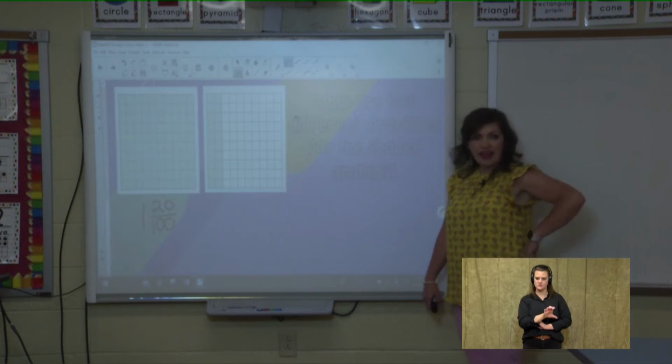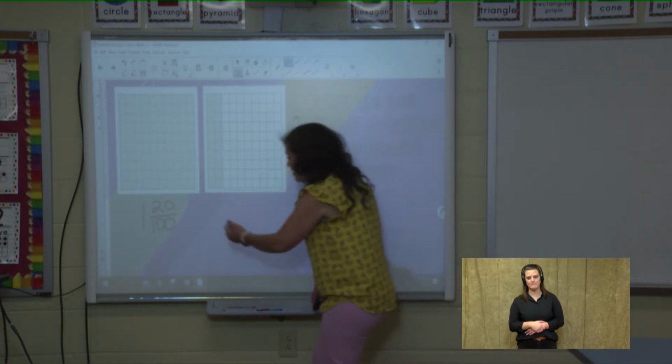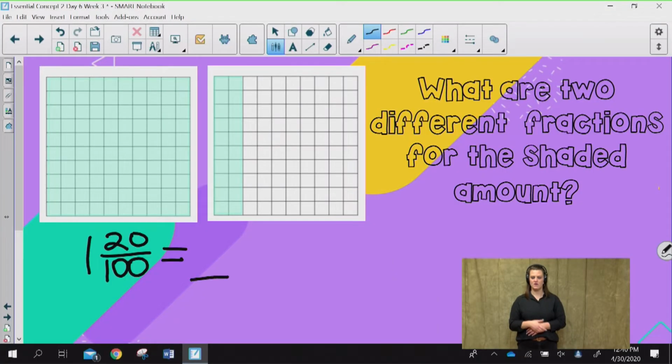So can we write that in decimal form? Let's see. Well, we've been writing a 0 in this first place before the dot, but we haven't had any whole numbers. Now that we have one whole, we write a 1 there. So we have 1 whole. And then this place is our tenths. We have 2 tenths. All right, so we write a 2 in the tenths place, or 20 hundredths.